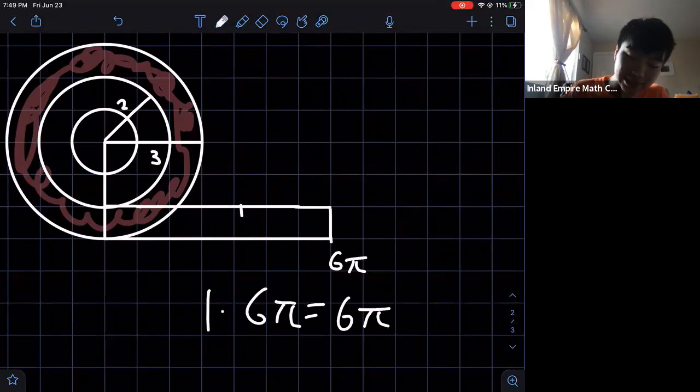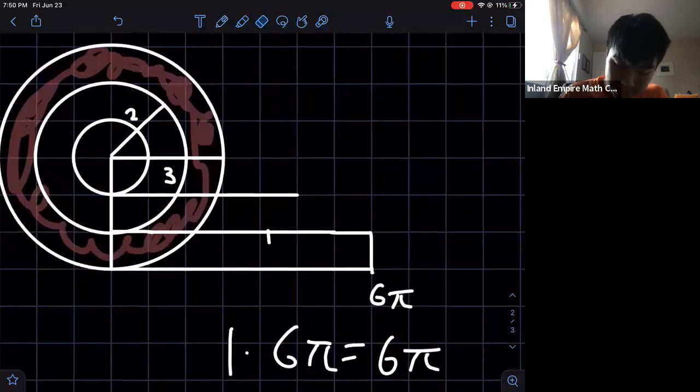If we line up the second one, it's going to have a length of around 4 pi, like this.